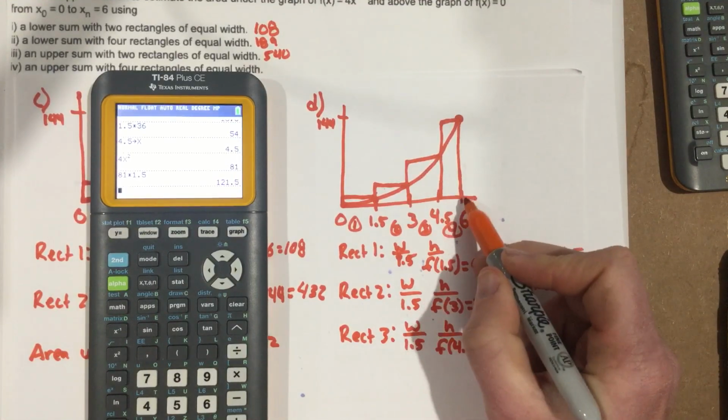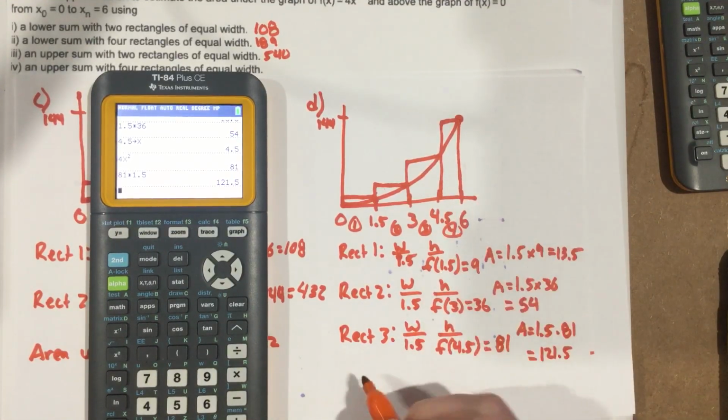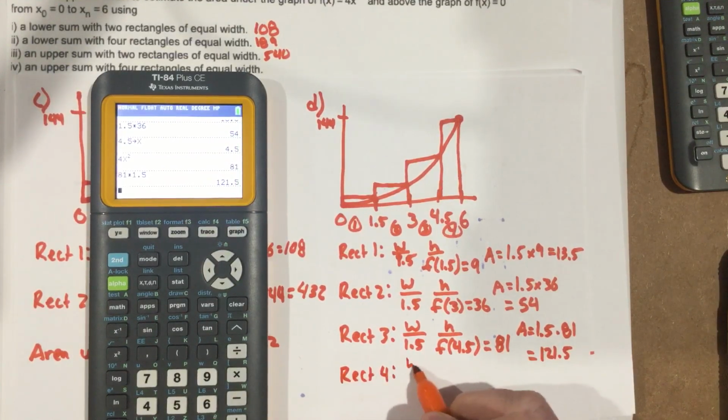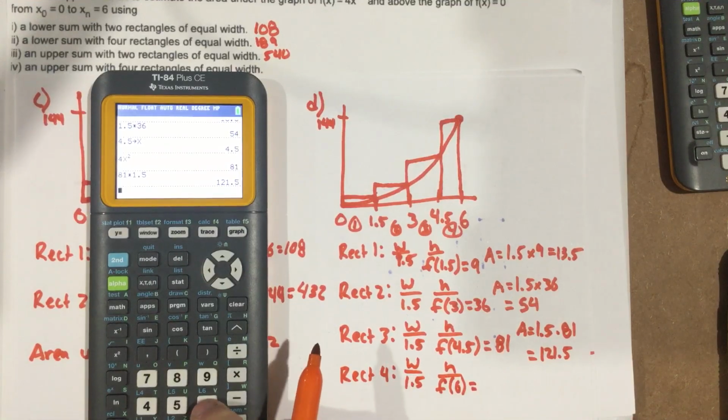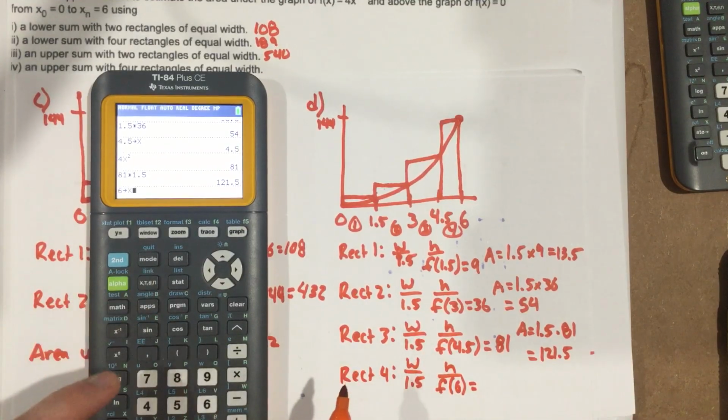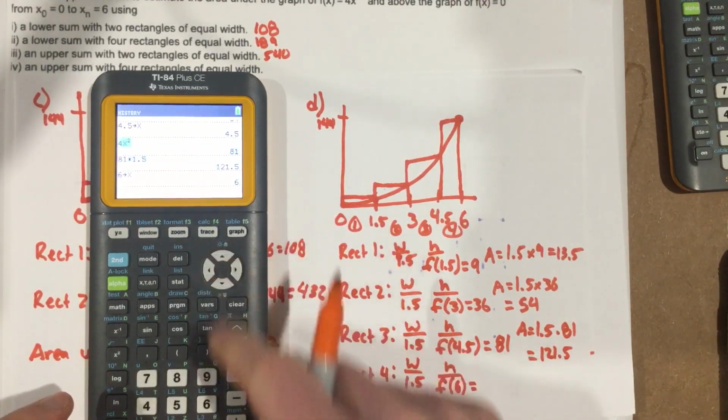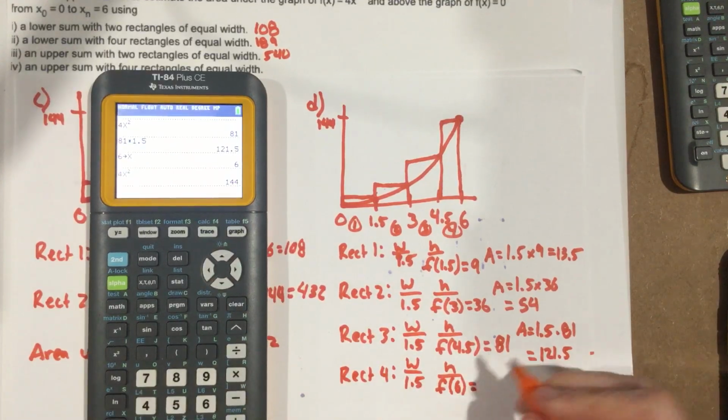And then finally I'm going to f of 6, right? So rectangle 4, width 1.5, height f of 6. So 6 stored as x, 144.